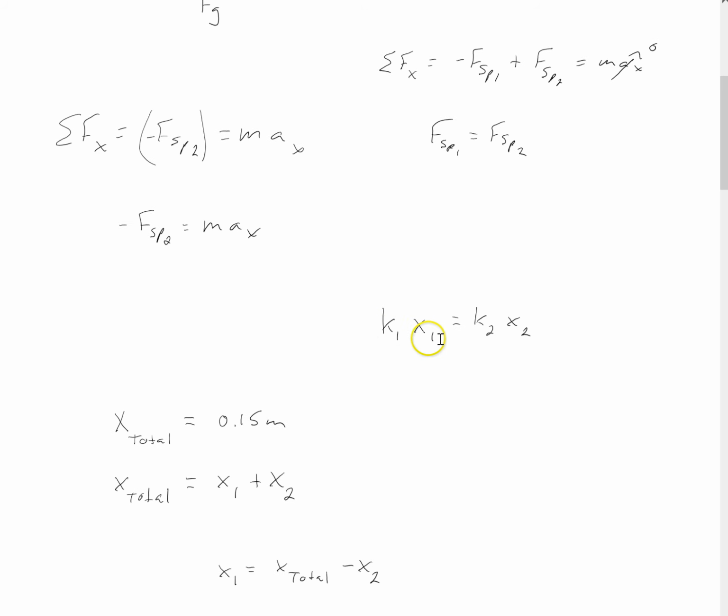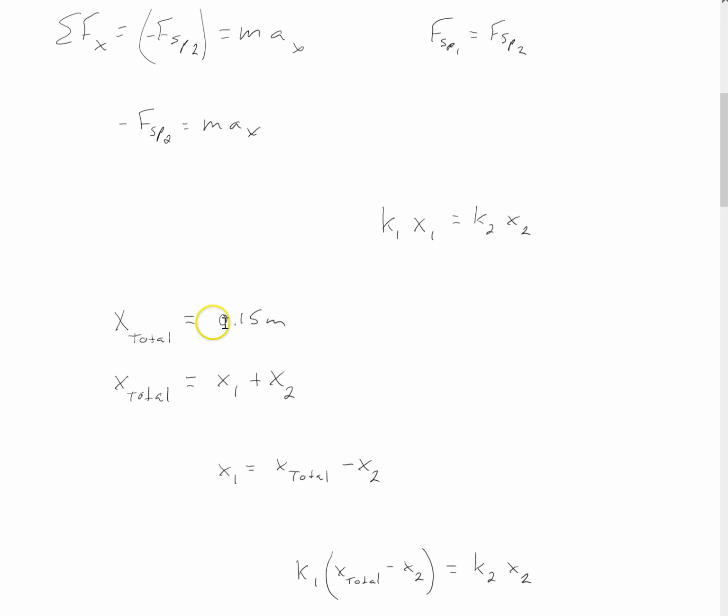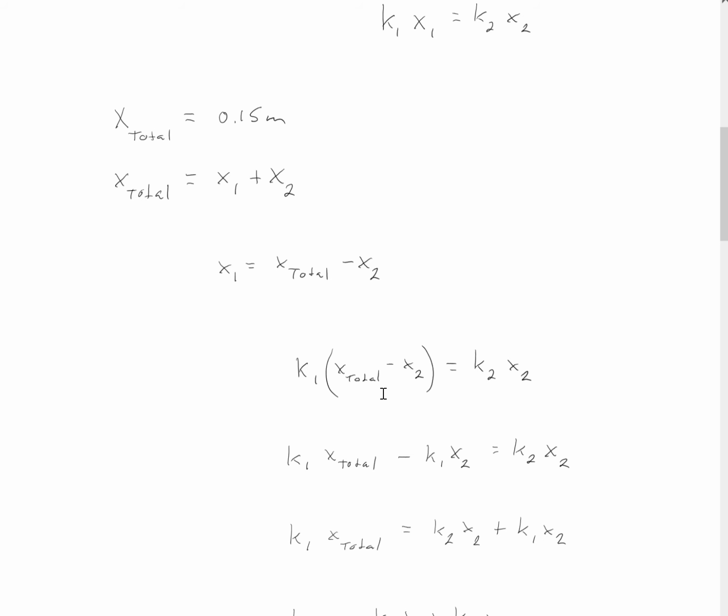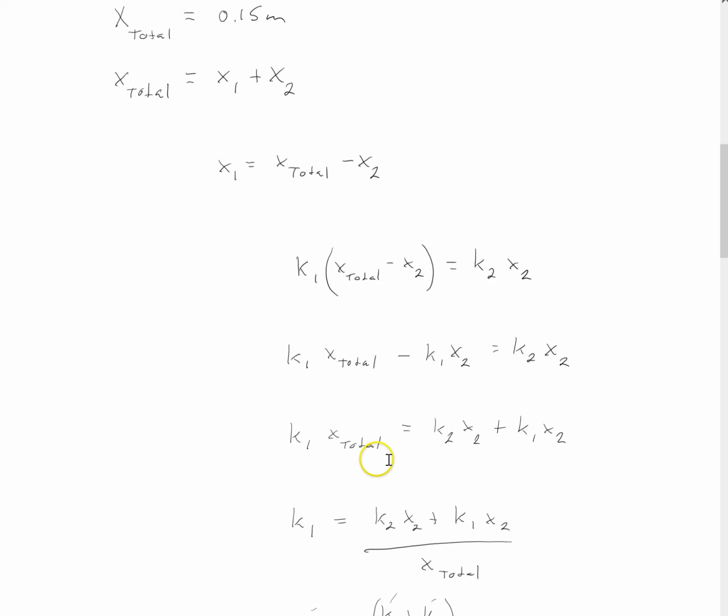They have different spring constants, so we know they're going to move different amounts. So we have K1 X1 equals K2 X2. We know how much they move together. We just don't know how much each one individually is. So we wrote x1 in terms of x2 and the total. I substituted into my force diagram expression, the sum of forces in the x direction. First I solved for K1, which I didn't really need to do.